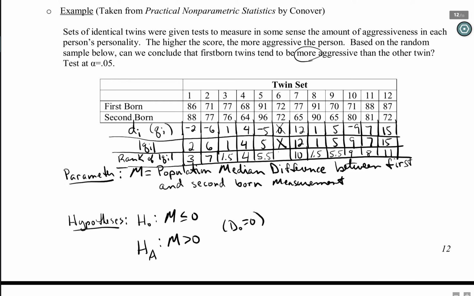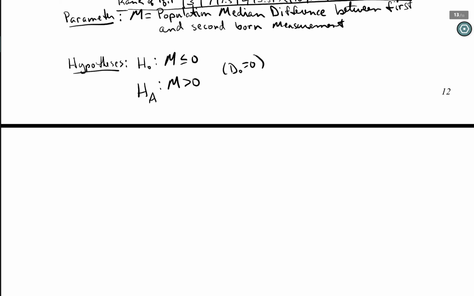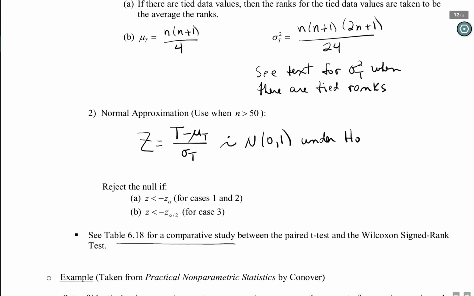Okay, so again, I don't need that entry there. So I'm going to use that now. These are the sums of the ranks that correspond to a certain situation for my test statistic. So let me write out the test statistic. Now I've got a situation that looks like this.